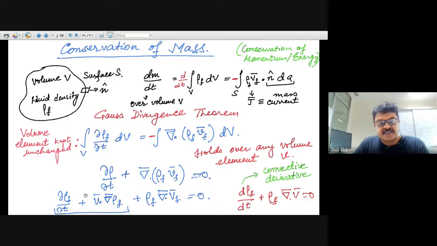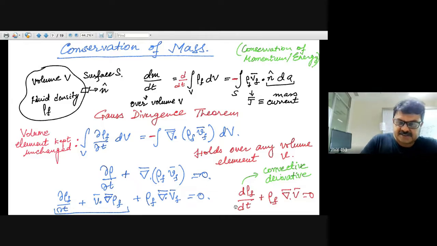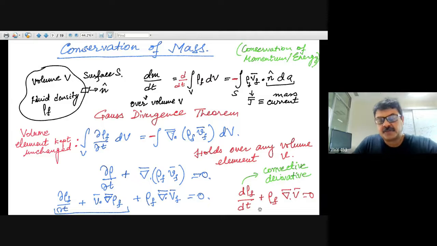That is incorporated within this convective derivative. The v dot grad rho f term accounts for the different density at different points. So this space dependence has been incorporated here, and then rho f divergence v equal to 0.